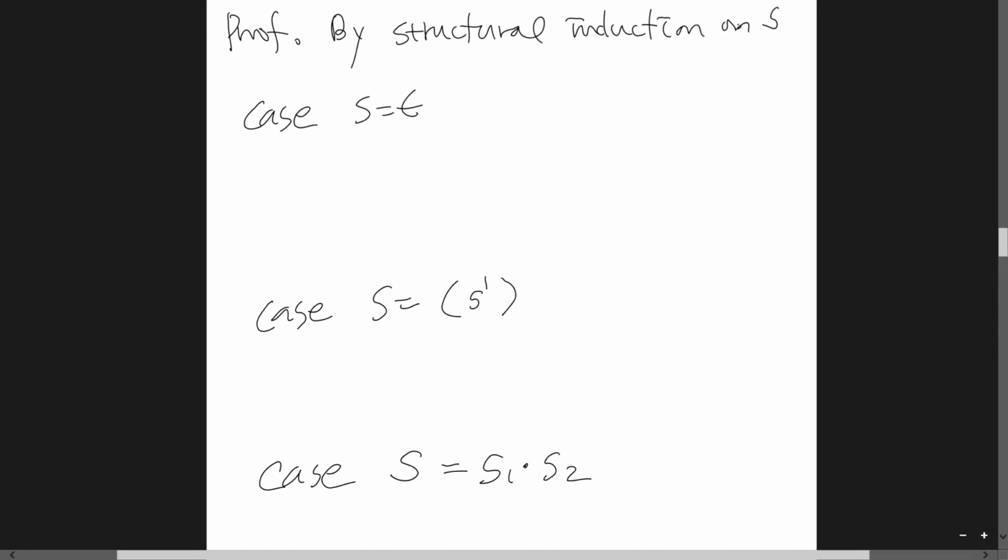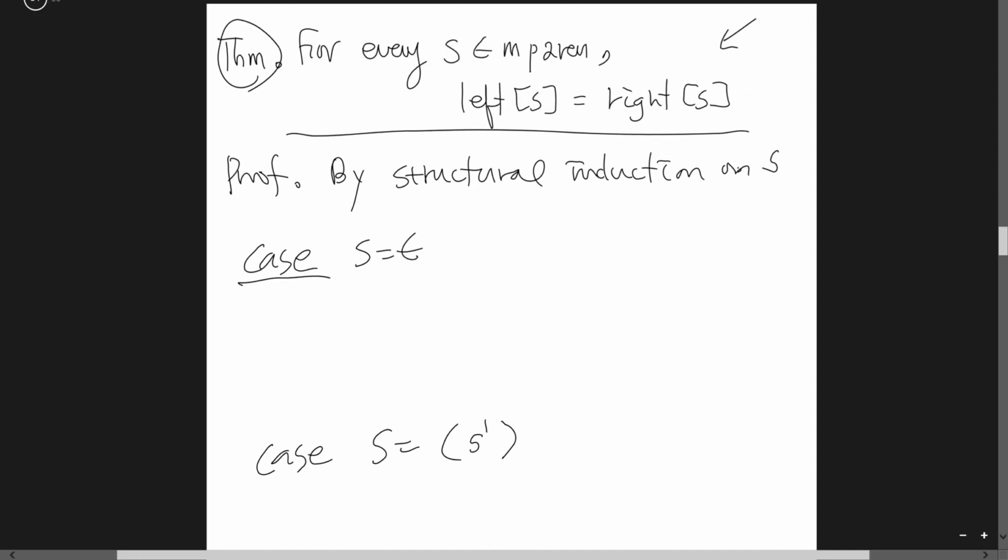So we have these three cases. Before filling in the details, let's first write the conclusion that we want to prove. For the first case, if this is the property of S, we have to prove the property of epsilon, which expands to left epsilon is equal to right epsilon.